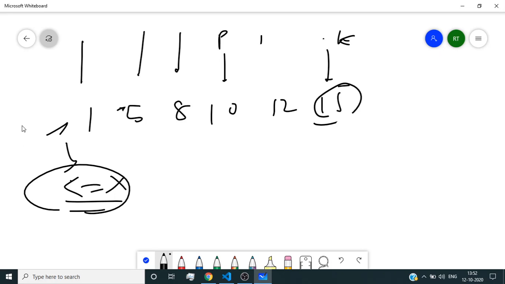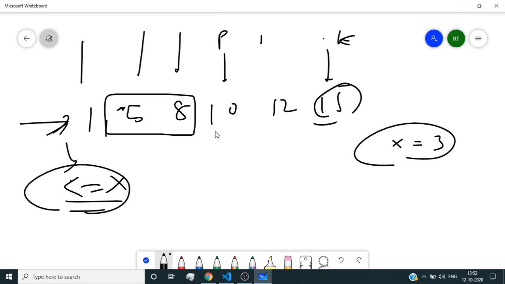Because whenever we encounter that element, we will need only these numbers of moves. So in this particular scenario, my x is equal to 3, I'll start my iteration from here, 1 2, and here I would stop because this particular condition had satisfied, and here is my answer.